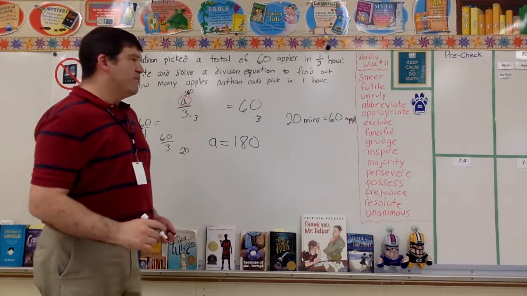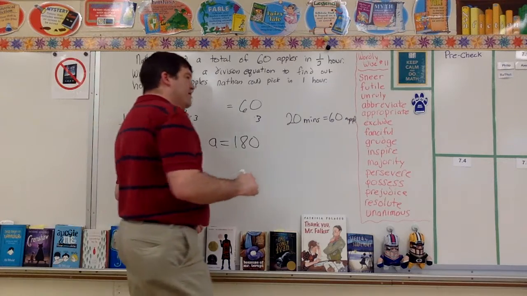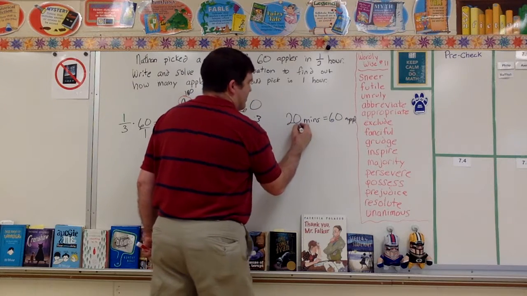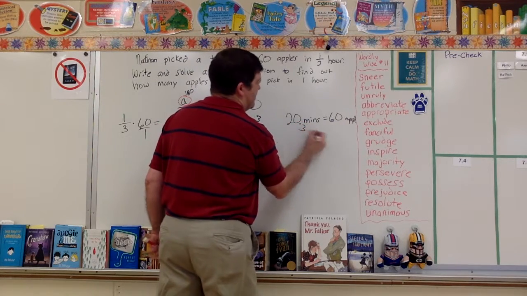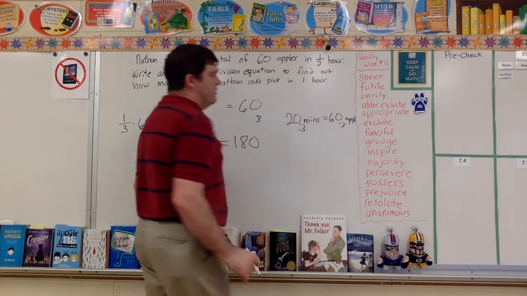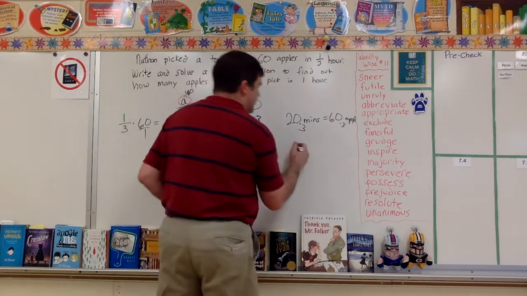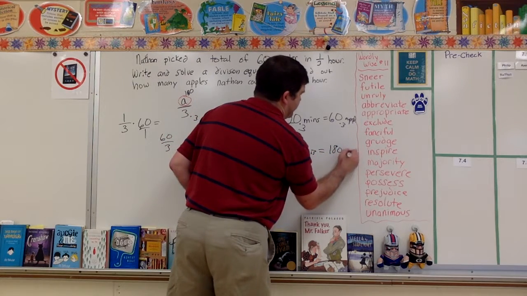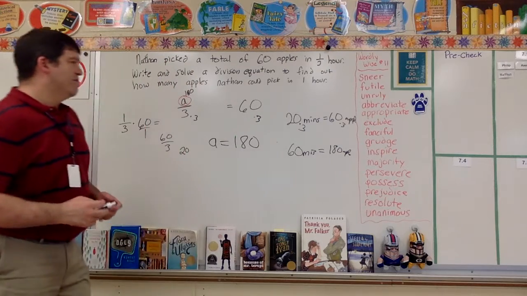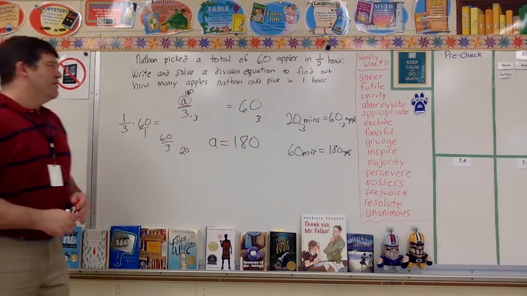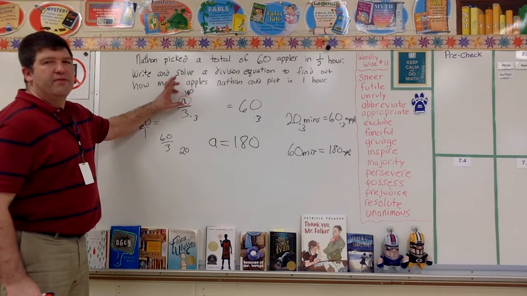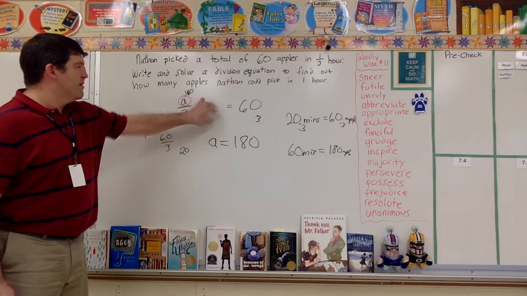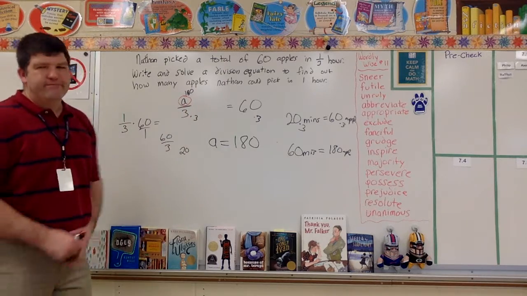And what I want to find out is what I do in an hour. So how do I get this to be an hour? I've got to times it by 3, times this by 3. I do the same to both sides. So now, in 60 minutes, it's 180 apples. Okay? So that's two different ways. I just don't know the total amount of apples in an hour. So that would be the 3/3.